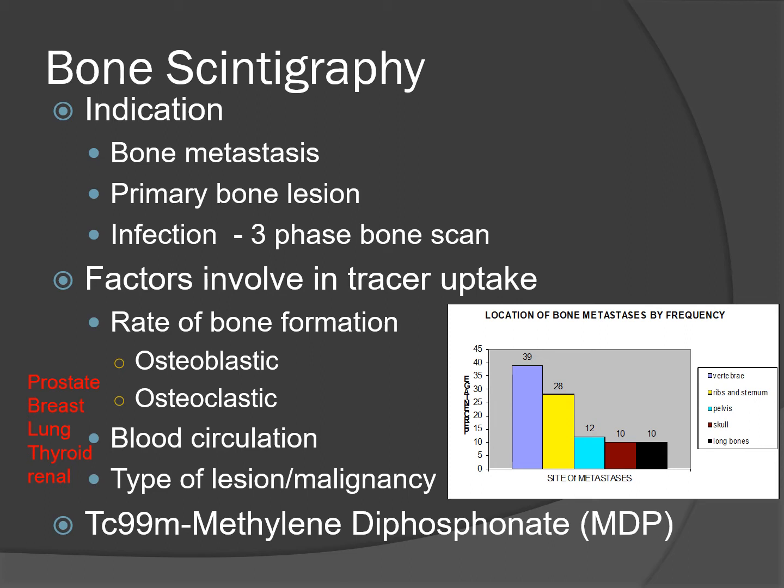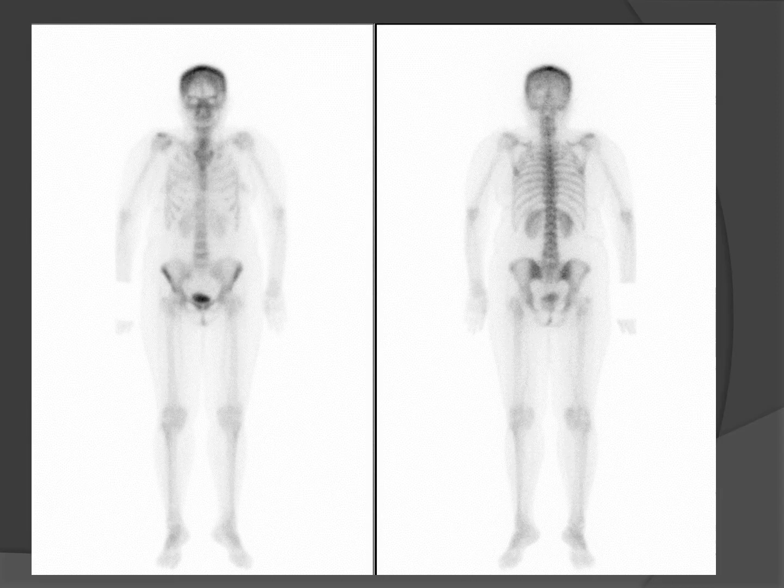And then the type of lesion or malignancy. Prostate, breast, lung, thyroid, and renal are the most common cancers that go to the bone. Mostly prostate and breast will show as osteoblastic type, but lung, thyroid, and renal will show osteoclastic type of activity in bone scintigraphy. So this is a bone scintigraphy. This is a whole body scan of bone scintigraphy, and you only see the bone.